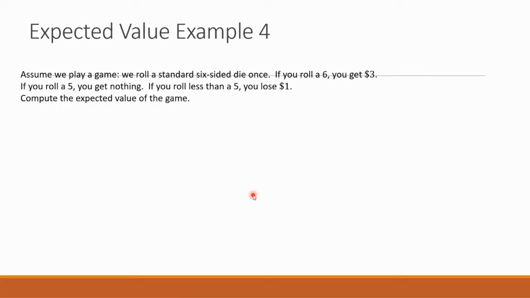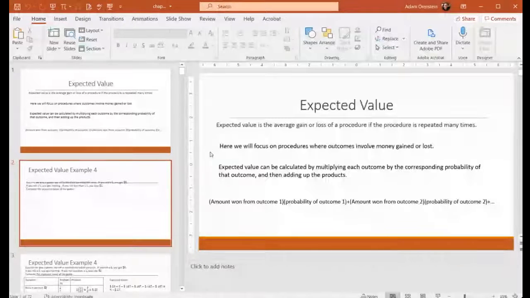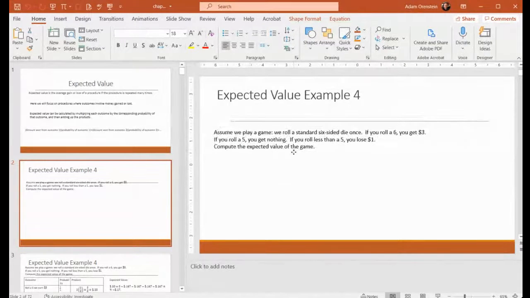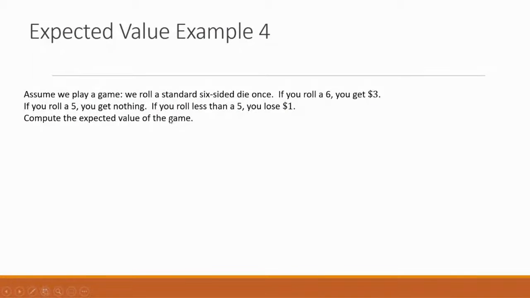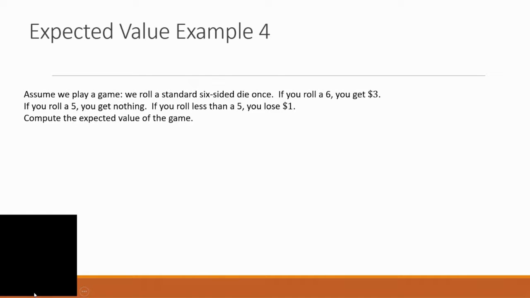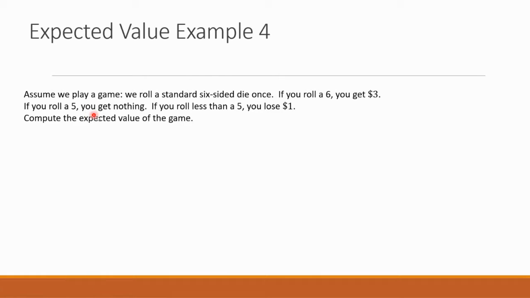I want to do some examples. This actually was an example we did last time. I think I finished off with it, but I feel better going through it again, although I don't think I finished it fully. Anyway, suppose we're playing a game where we roll a standard six-sided die once.